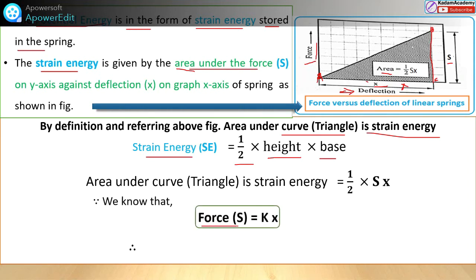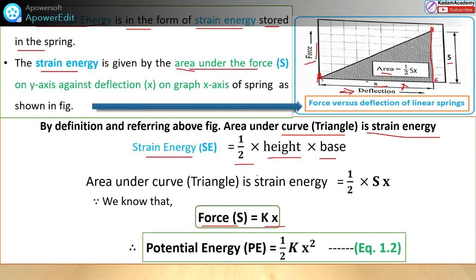We know that the force is equal to K into x. This also we know, the formula for the force. So putting this value in, we get the potential energy. Let's put the strain energy in this equation.